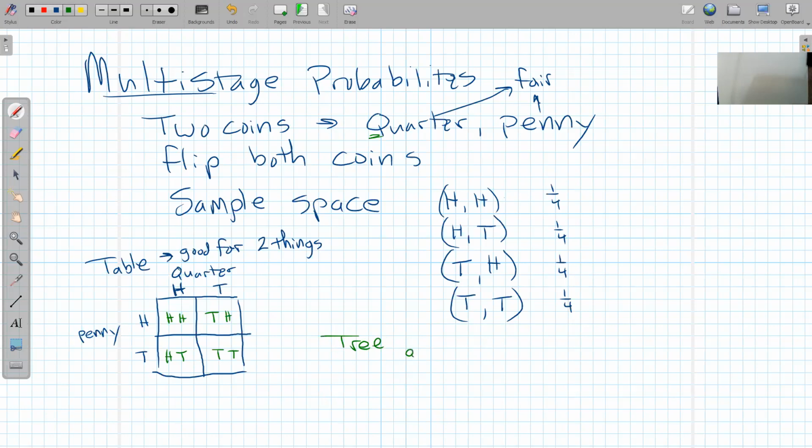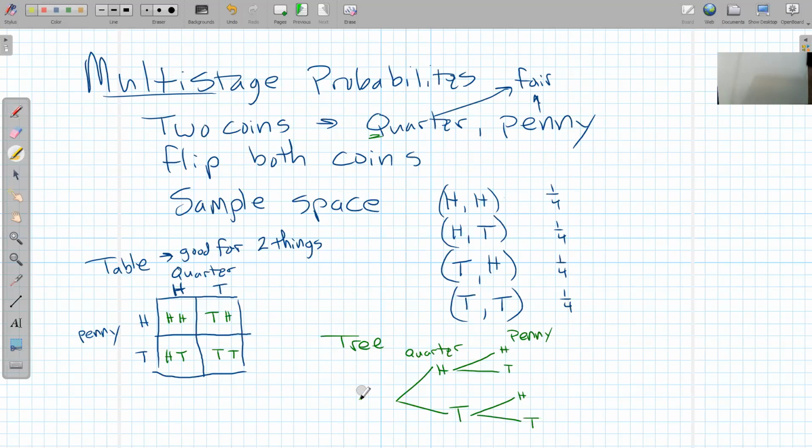So I have the quarter go first, and the quarter could be a head or a tail. And then branching off from the quarter, we look to see what happens for the penny. And from that head, a penny could get a head, or the penny could have had a tail. From the quarter's tail, the penny could have had a head, or the penny could have a tail.